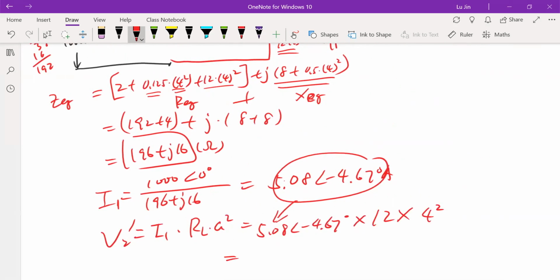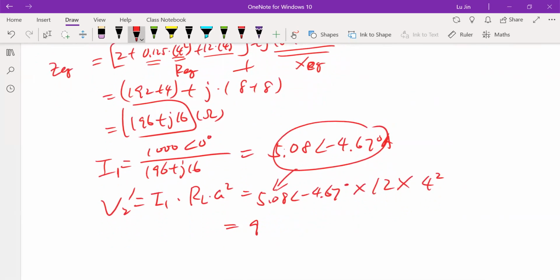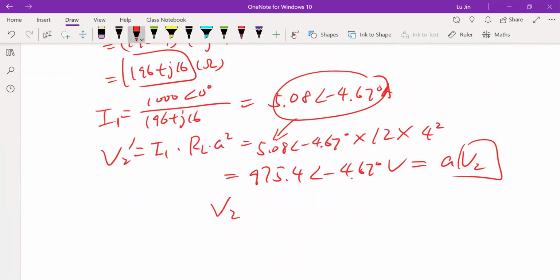The result is how much? 975.4 volts. I'm just copying the answers. But we said this V2 prime is actually equal to A times V2. Our target is to determine the V2. So V2 is equal to V2 prime over 4.